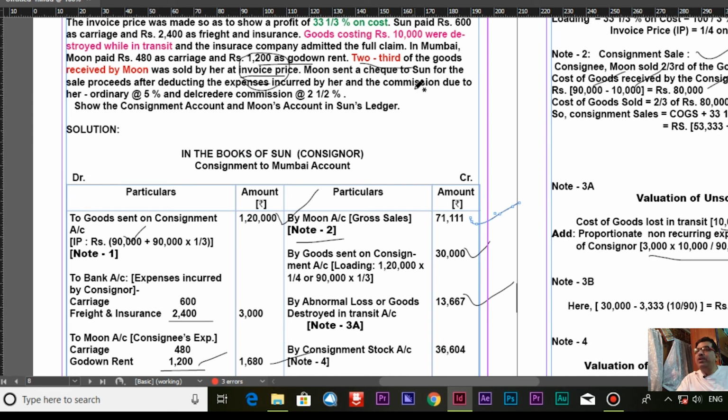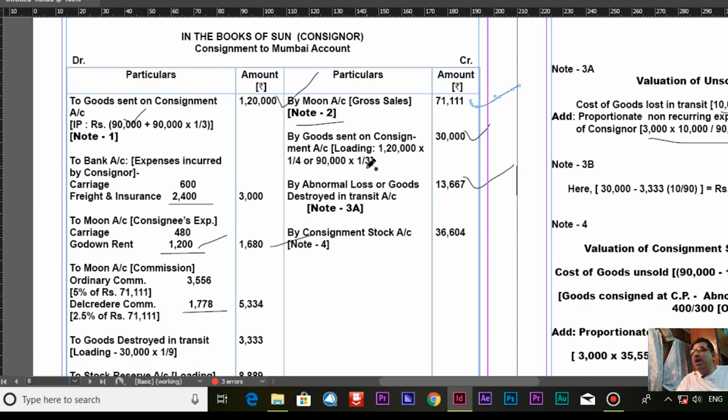Now, come to the question again. Moon sent a cheque to Sun for the sale proceeds after deducting the expenses incurred by her and the commission due to her, ordinary 5% and del credere 2.5%.